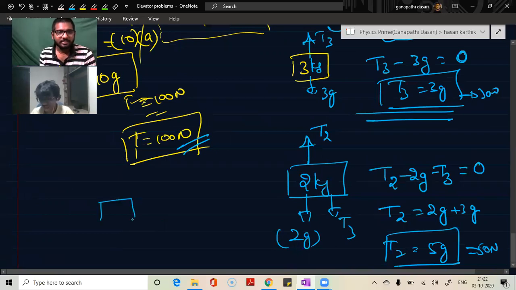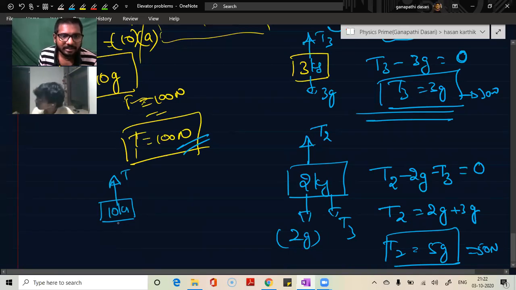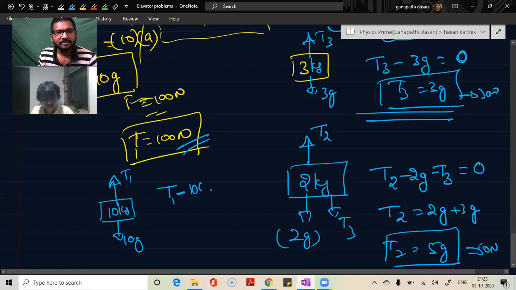Be careful here. T1 is upwards, and 10 kg downwards, 10G, for the system. What is net force here? T1 minus 100 is equal to what?